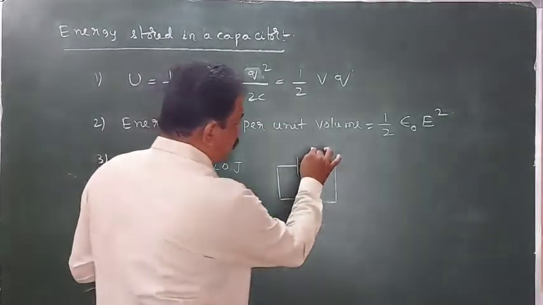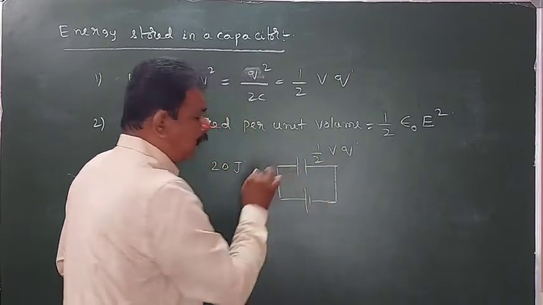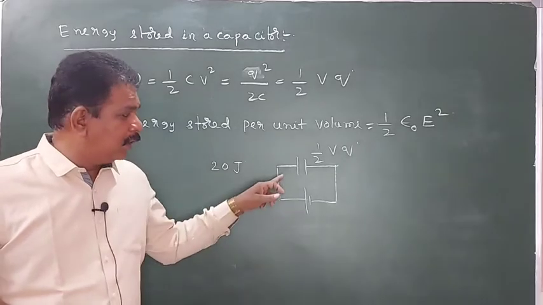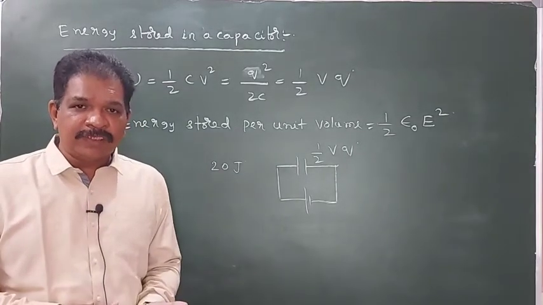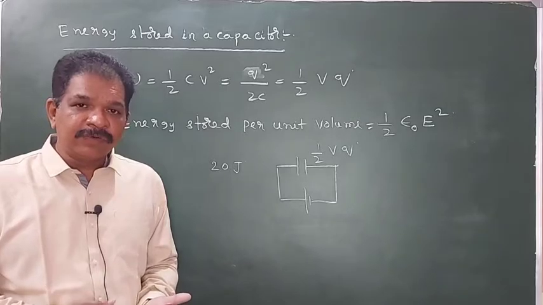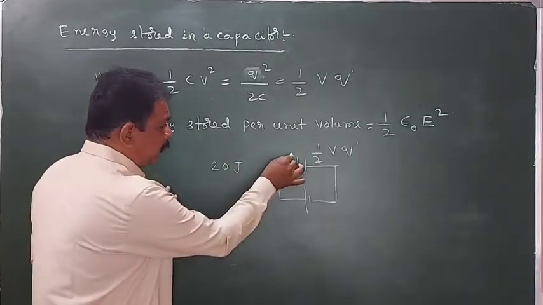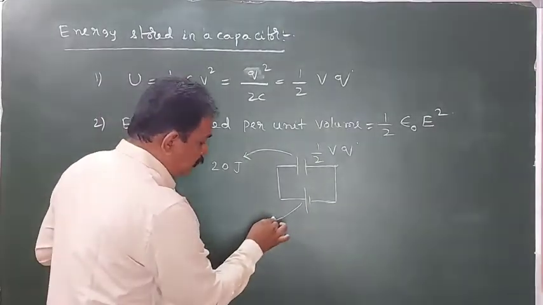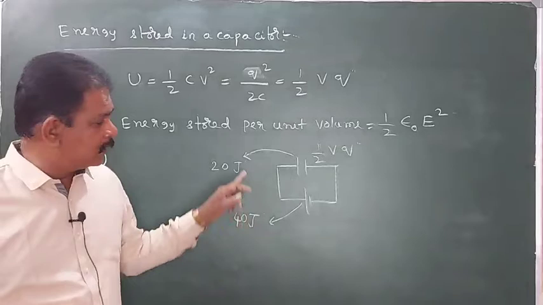If it stores a charge of 1 by 2 VQ, how much energy will come from the battery and how much energy it will store, how much energy will be wasted? Like that questions will be there. Always remember, if this capacitor stores 20 joules, energy coming from the battery will be 40 joules.